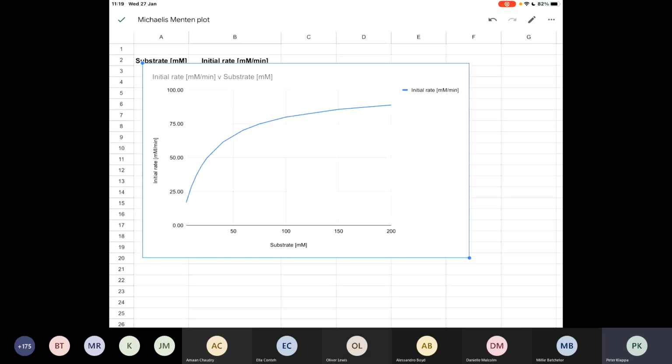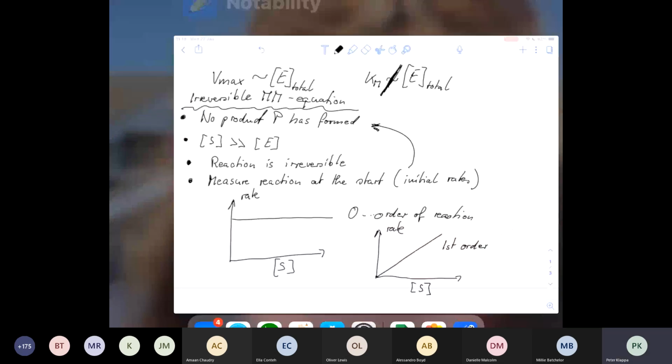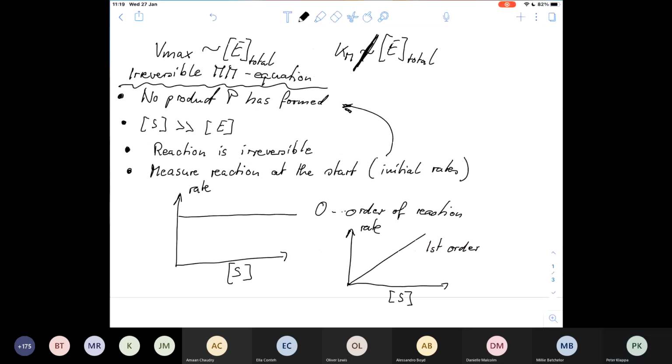Let me replicate that here, where we can look at it in more detail. So here we have the substrate concentration, and here we have the rate. And what we see is something like that.